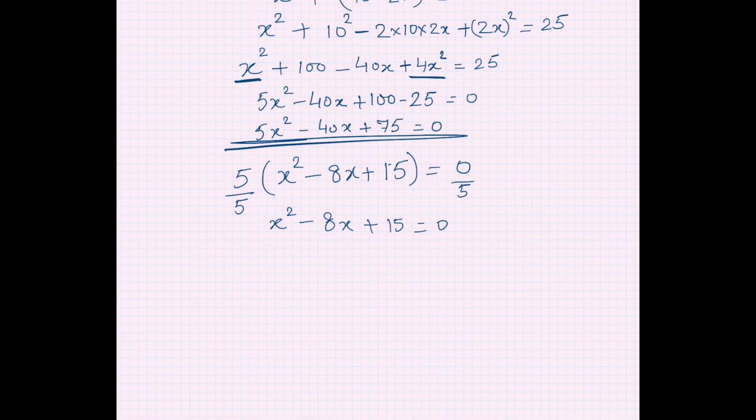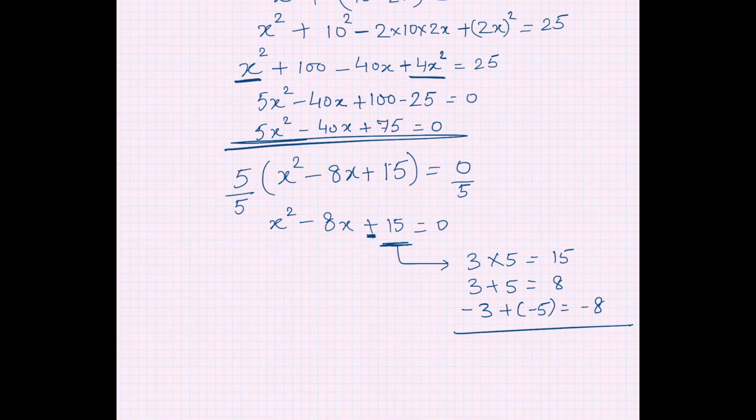So what we usually do is find the factors of 15 that when added give us minus 8. When we think of factors of 15, 3 times 5 gives us 15, and 3 plus 5 gives us 8. But we need minus 8, so minus 3 plus minus 5 will give us minus 8.